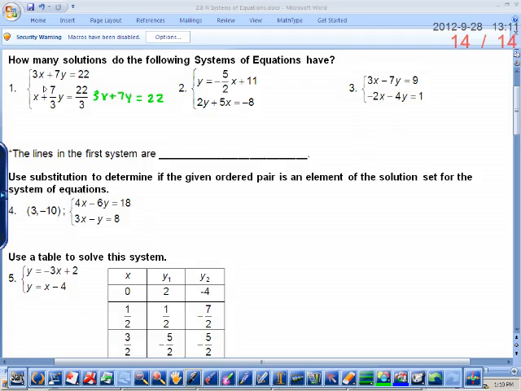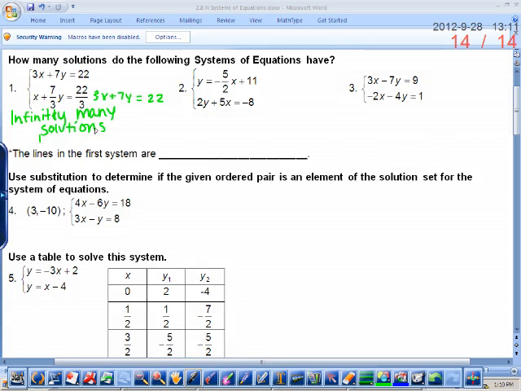So if they're the exact same line, how many solutions do they have? Infinitely many. Do you know another name for these two lines?